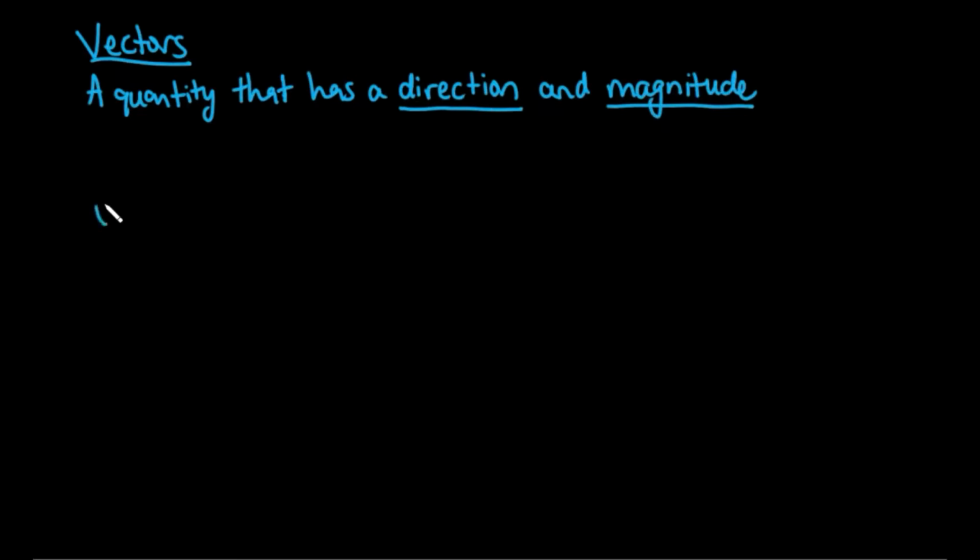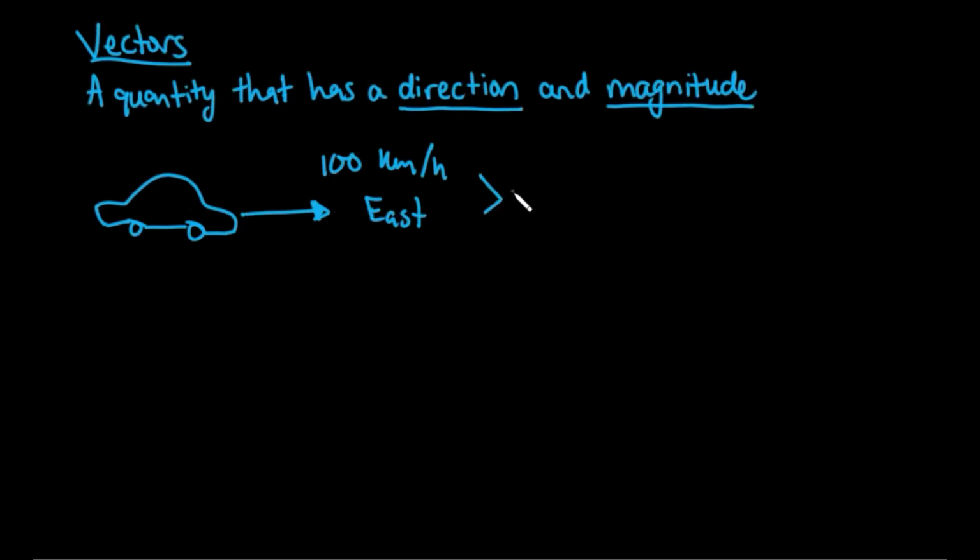So if we have this car, and the car is traveling east. And let's say that it's traveling at a speed of 100 kilometers per hour. When we consider the speed and the direction, we're now talking about velocity, which is a vector.